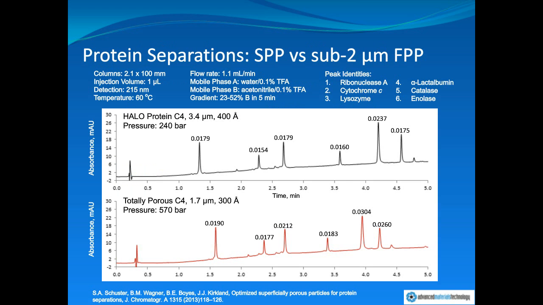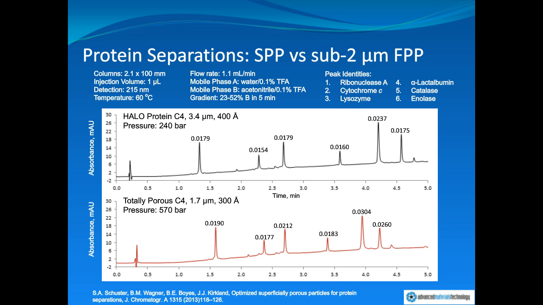Now, as an example that this 400 angstrom pore size material is good and appropriate for protein separations and represents a meaningful improvement in the technology, this is a comparison of that kind of material to a sub 2 micron 300 angstrom fully porous particle, both with C4 type bonded phases. And as you can see, the numbers over top the peaks, the resolved proteins, represent the peak widths.